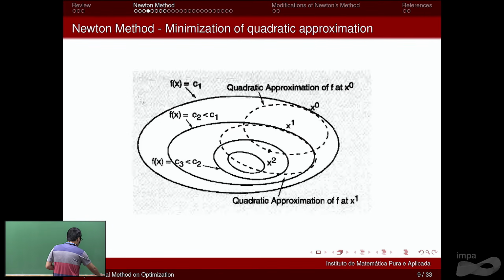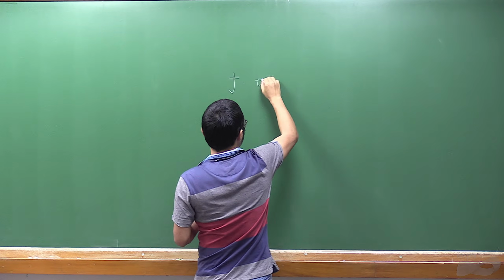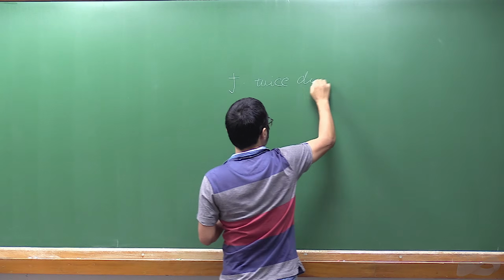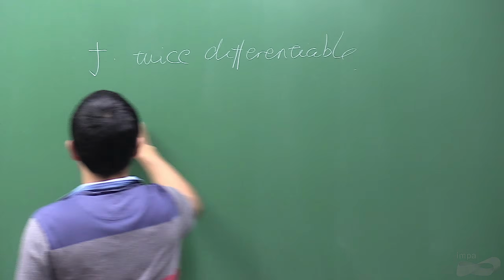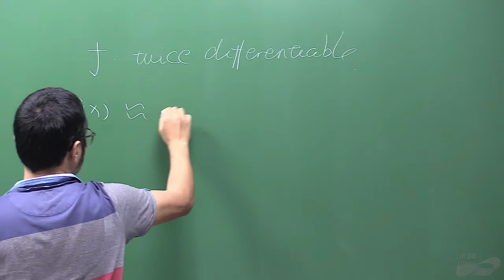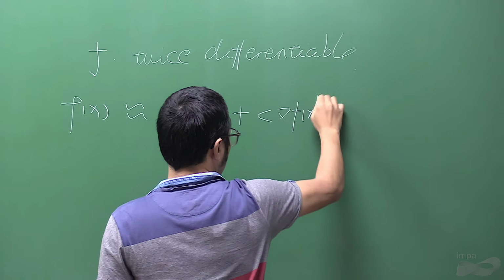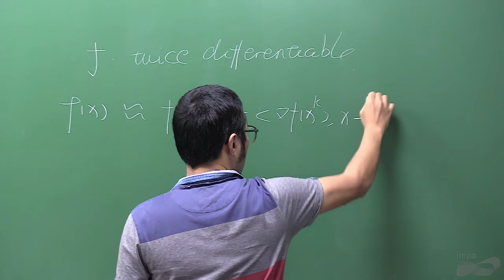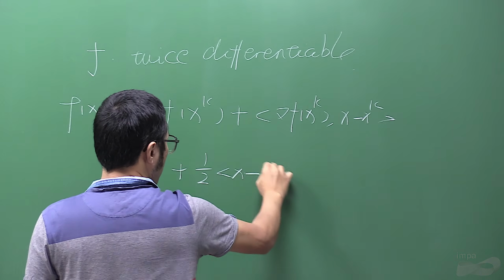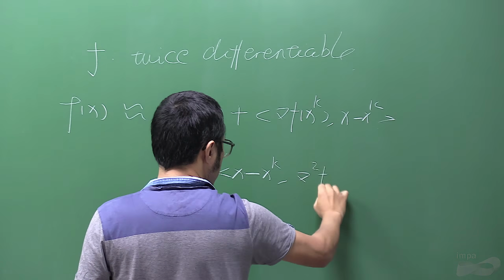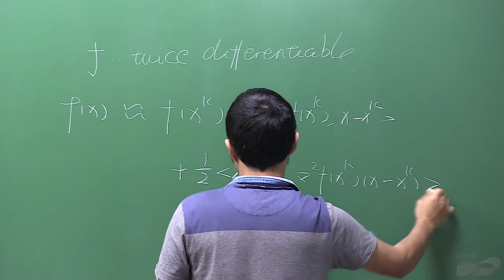I will write it here. If your f is twice differentiable, then you have this second order approximation of f(x), and you have a second term here, 1/2 (x - xk)ᵀ Hessian f(xk) (x - xk).